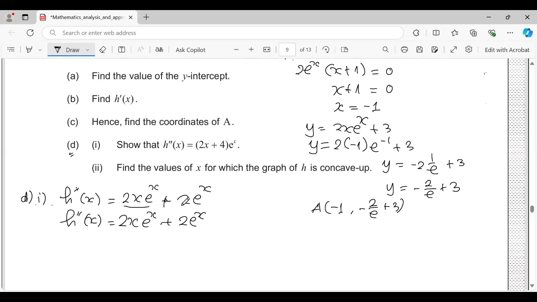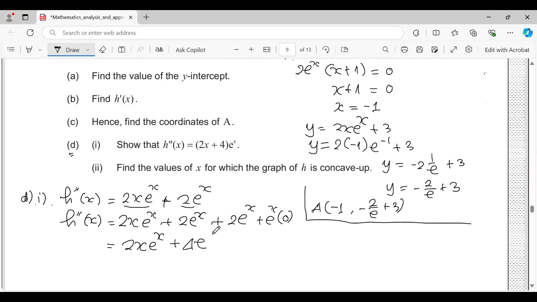And the derivative of this term, 2 e power x, if 2 is u and e power x is v, becomes 2 e power x plus e power x multiplied by 0, because the derivative of 2 equals 0. It becomes 2x e power x plus 4 e power x.